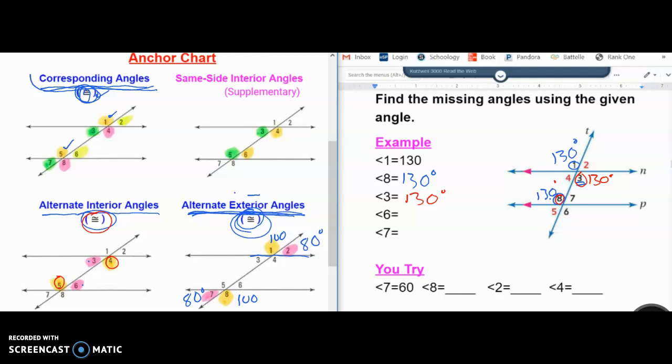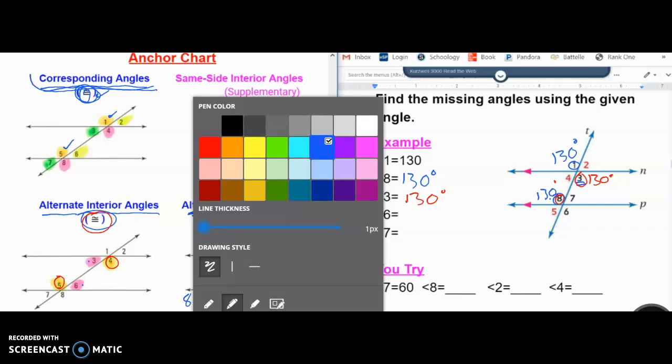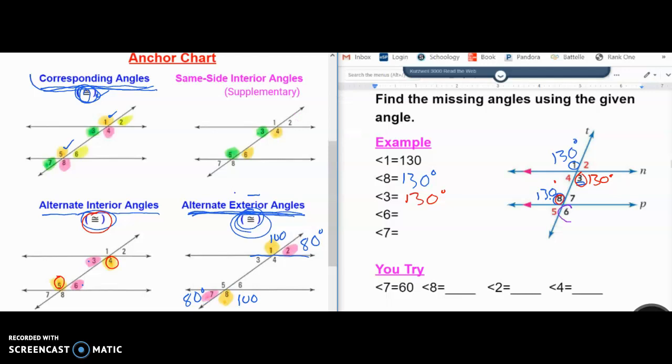Angle 6, oh, okay. So look, angle 6 is here. Let me use a different color for this one. Angle 6 is here. So now I have to look at the left side and find the relationship. I'm going to help you a little bit with this one because it's the first time we do it. Notice that angle 6 and angle 3. Look at angle 6 and 3.